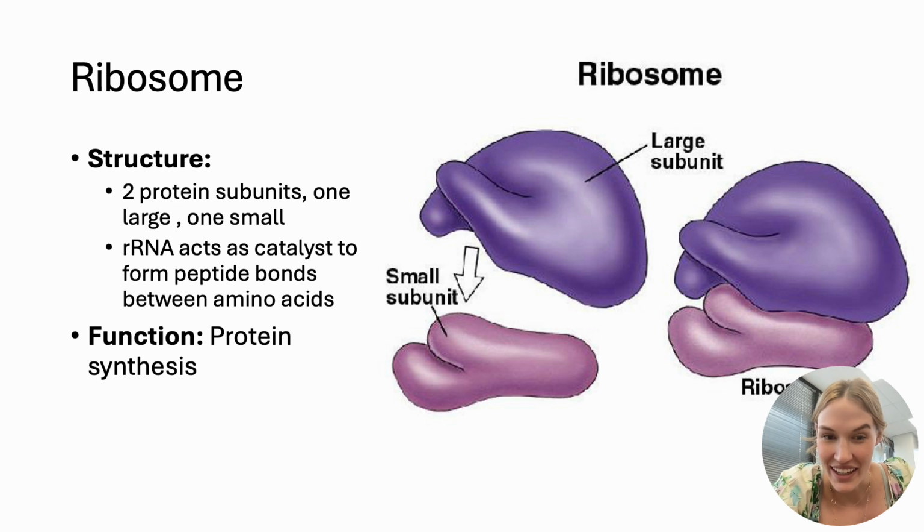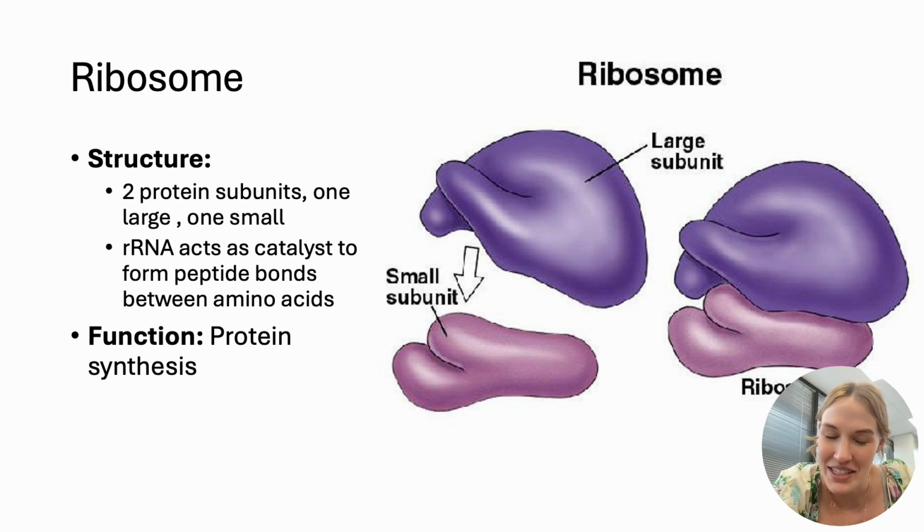Now, interestingly, rRNA, or ribosomal RNA, acts as a catalyst. This is weird because when we think of catalysts, you should be thinking enzymes, and you're right. Enzymes are catalysts. In fact, the vast majority of catalysts in the human body and really all life are going to be enzymes, which are proteins. Don't forget that.